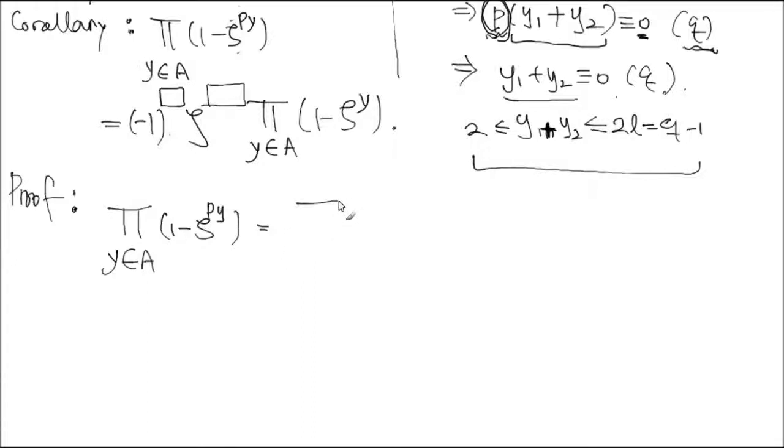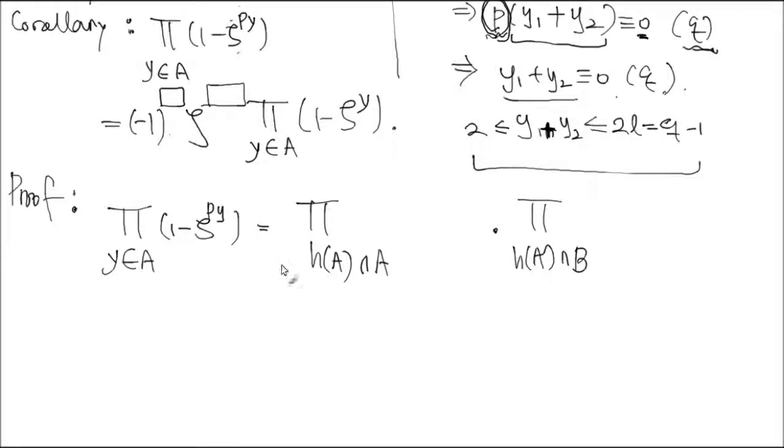Let me see, is that what I want? I wanted to split it into two parts, that this y thing that lands in A times that thing that lands outside A. That's A and B there.